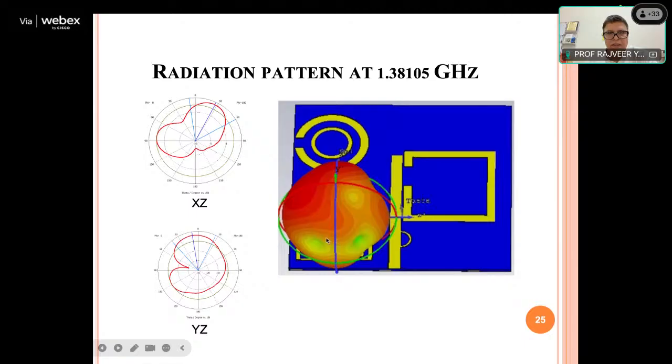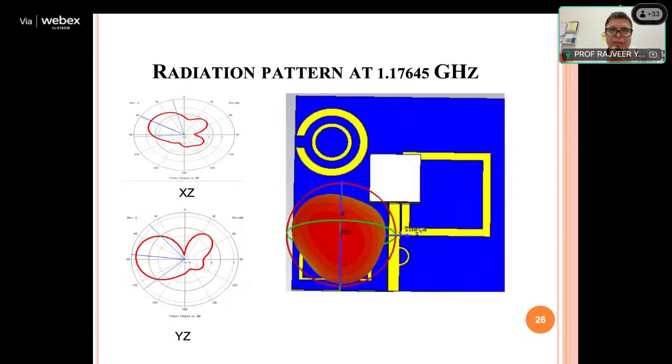This is a 3D plot of radiation obtained from the rectangular SRR, and the same is also represented here in the XZ and YZ planes.